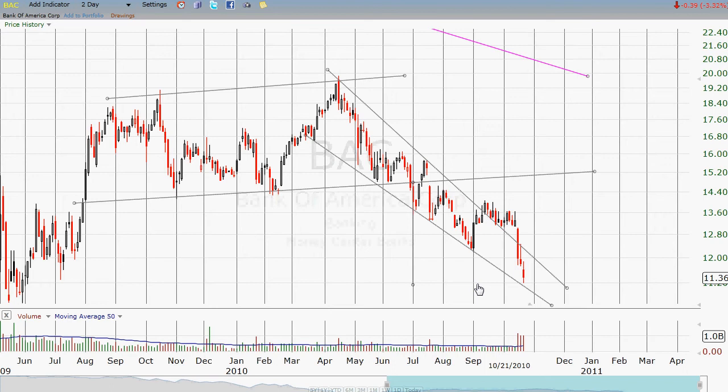Now, keep in mind, this is not the exact area where it's going to bounce. And certainly there are many double tops that start out like this, and they are actually the precursors or the harbinger of bear moves that last for years. And this has only gone on for 3.5 months.